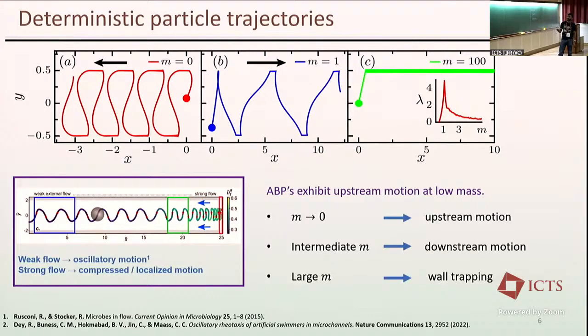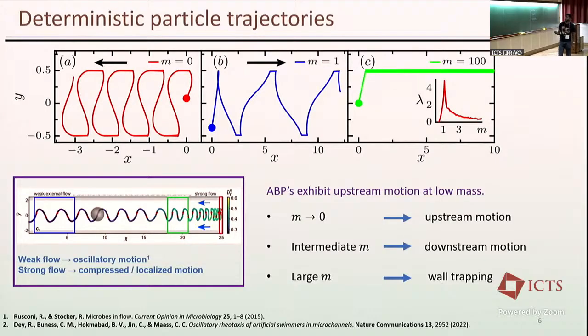For the overdamped regime, we observe symmetric oscillatory motions, and the key point is that the particles are moving opposite to the flow direction, showing upstream motion. The particle starts from here and moves towards the negative x direction. These insets are the experimental results in the overdamped case, and here we also see similar oscillatory trajectories.